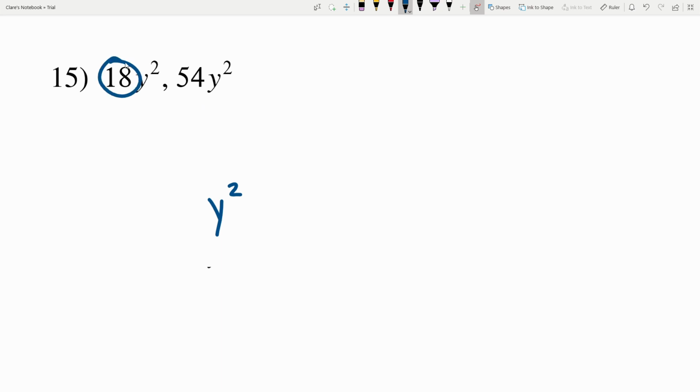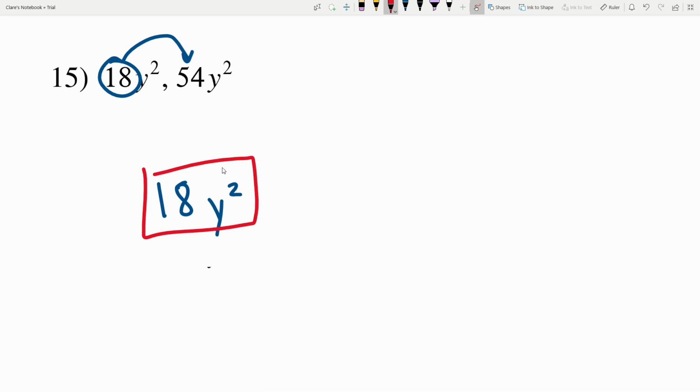Well, 18 goes into 54. 18 times 3, 8 times 3 is 24, carry the 2, 3 times 1 is 3, plus 2 is 5. 18 times 3 equals 54. So because 54 is divisible by 18, the greatest common factor is going to be 18y squared.